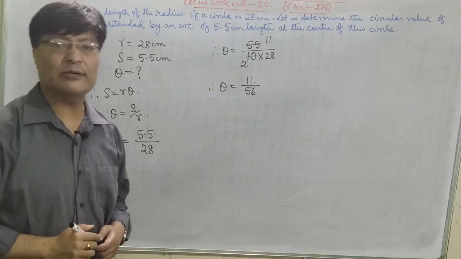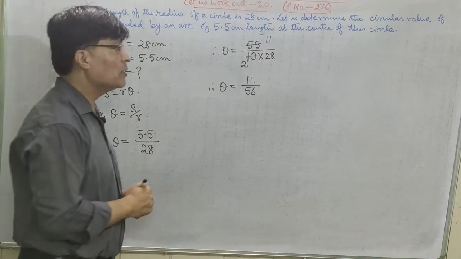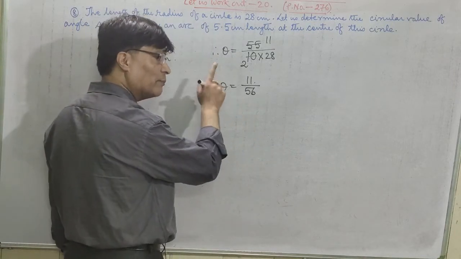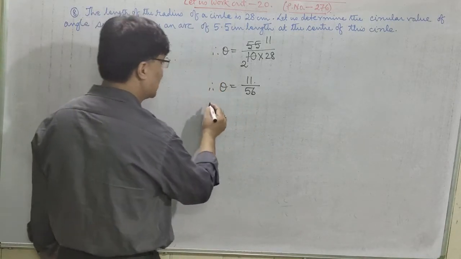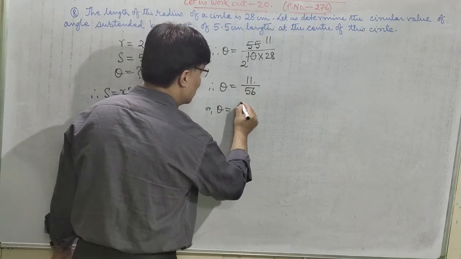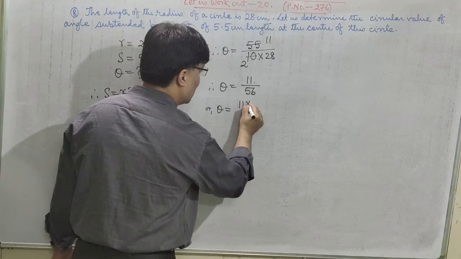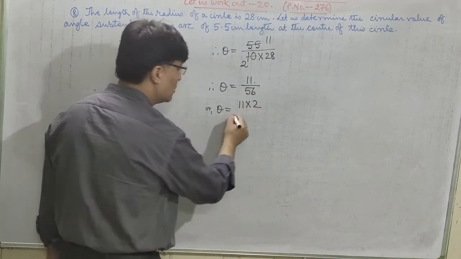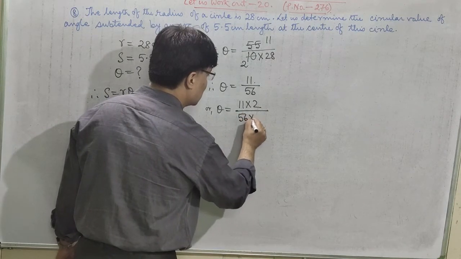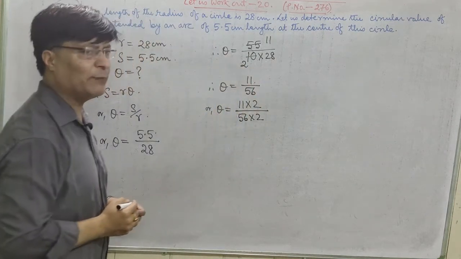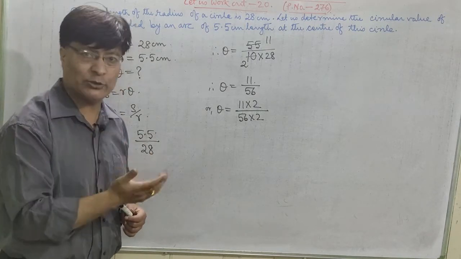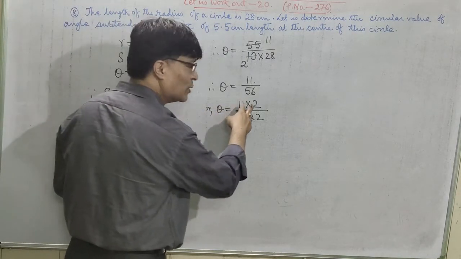But you should write it in terms of pi. You know that pi is 22 by 7. Now it is in terms of radian. Pi means 22 by 7, isn't it? So theta is equal to 22 by 7. Let us multiply it by 2. If we multiply the numerator by 2, we should multiply the denominator also by 2, so that we can make here 22 by 7.